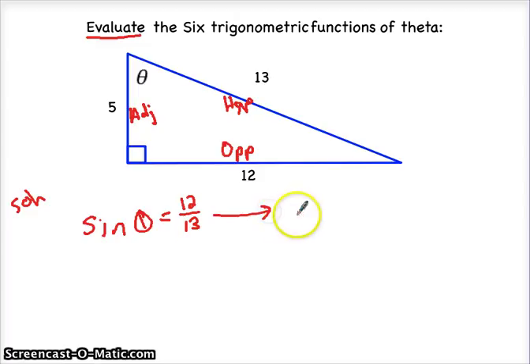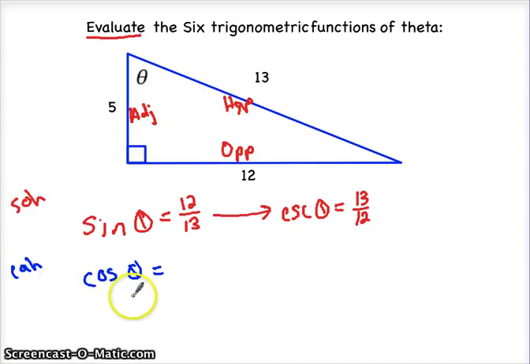If we want to think about its reciprocal, remember sine and cosecant are reciprocals, so the cosecant will be 13/12. Next trig function of the big three, as I call them, cosine, which again is CAH in SOHCAHTOA, so the adjacent, or 5/13. And again, we can quickly do its reciprocal, the secant, being 13/5.